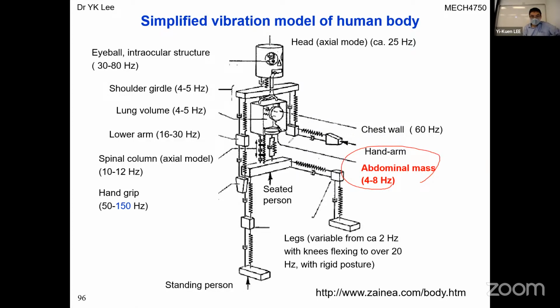So if you are in a big car and the vibration frequency of the car is close to 4 to 8 hertz, then you feel very bad and uncomfortable, because that causes a resonant condition.